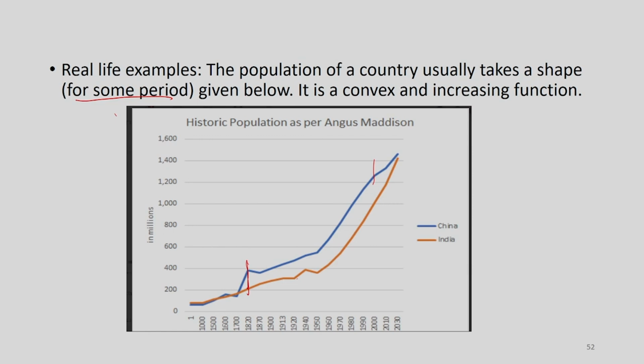And it may so happen that population starts to fall after a point of time. In many countries that is actually happening. For example, in Japan or Russia, the actual population is declining, and demographers say that this will happen in India and China also, maybe sometime in the future. So, here was an example of how we can see convex and increasing functions in real life.